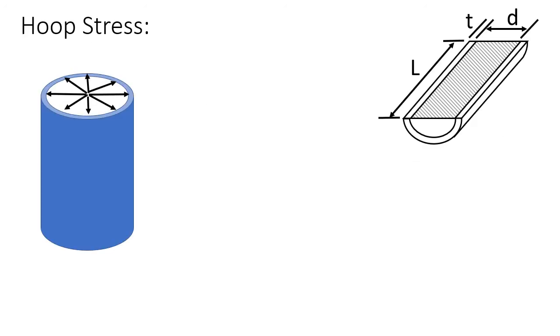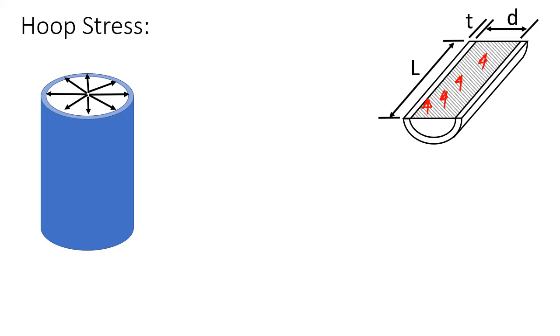What will the hoop stress be? Well, if we look at our pressurized cylinder and we slice it in half along its length, then we'll have a system where we've got an internal pressure, and you can imagine if we had to hold that pressure into that half cylinder that we've got there, we'd have to work against the pressure, and the pressure would be pushing upwards here from that internal pressure, wouldn't it?